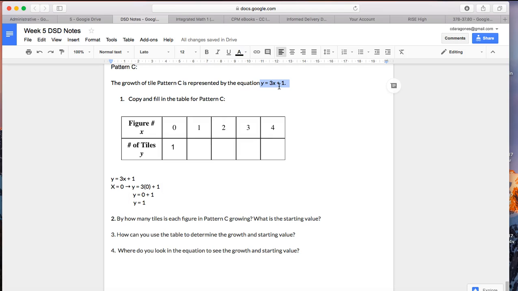As they're a part of this equation, you can say, that's the growth, that's the starting value. If not, you can write that down. But I want you to examine this equation a little more closely and see if you can spot the growth and the starting value in your equation. When you're finished, write down your answers in your notebook, and then go ahead and upload a photo of your work on Dreamseed Do.